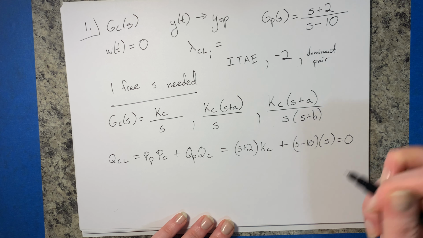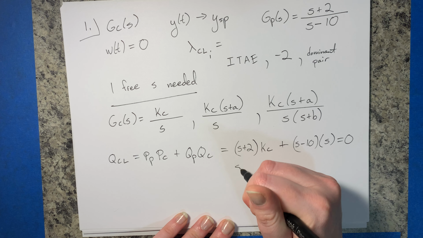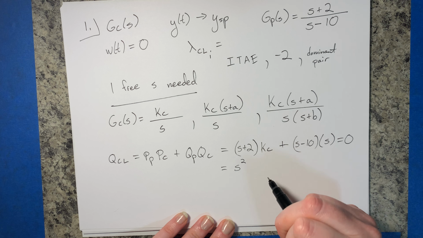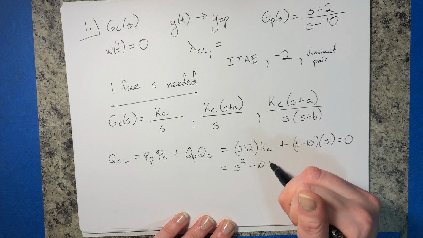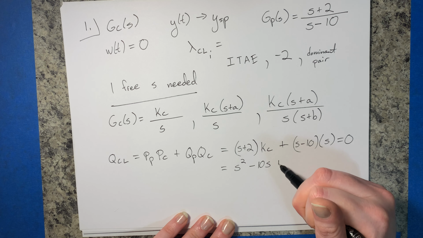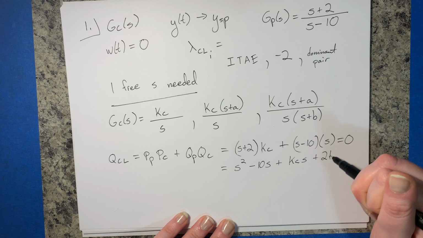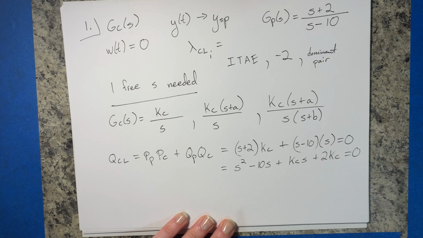So we have an S squared, a negative 10S plus KC times S, and then 2KC, all equal to 0.